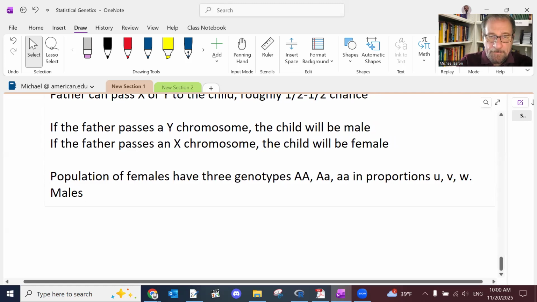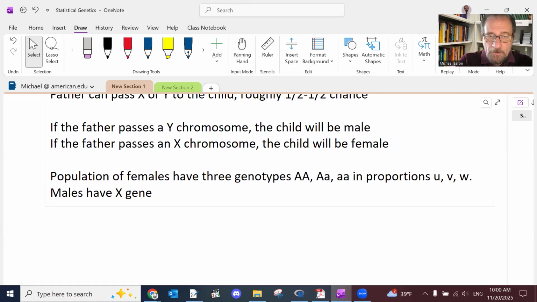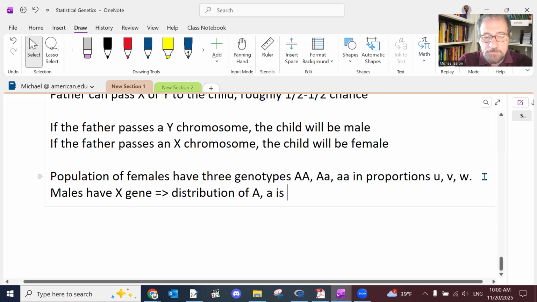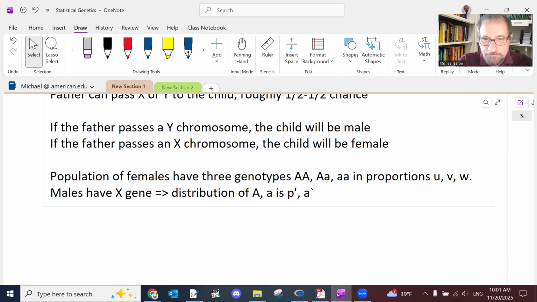But males have only one X gene. They can't have a pair, only one X gene. So the distribution of dominant and recessive genes among females is, let's call it P prime and Q prime. Okay, why do we talk about the X chromosome?